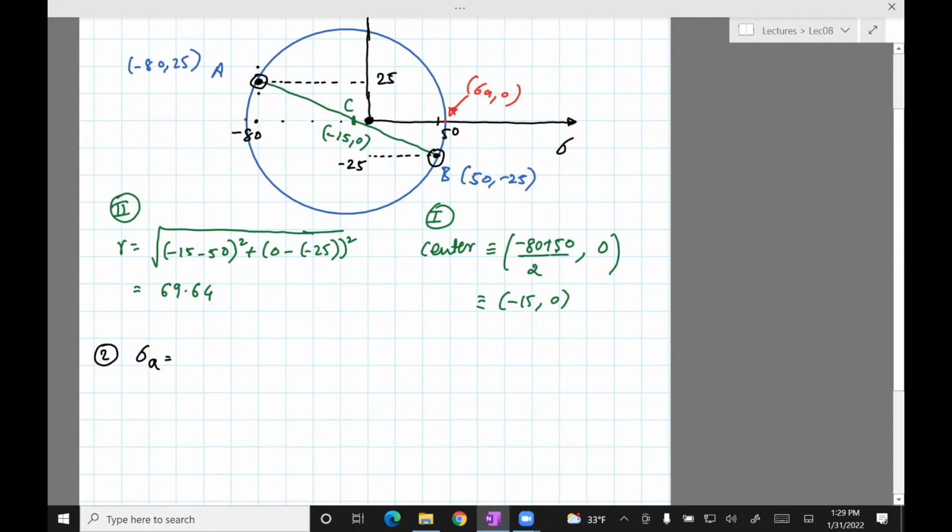And then the minimum stress is here, sigma B, comma 0. It's easy to see that it's simply the center of the circle plus or minus the radius. If you add the radius, you get sigma A. If you subtract the radius from the center coordinate, then you get sigma B.